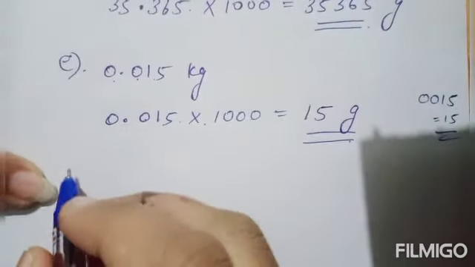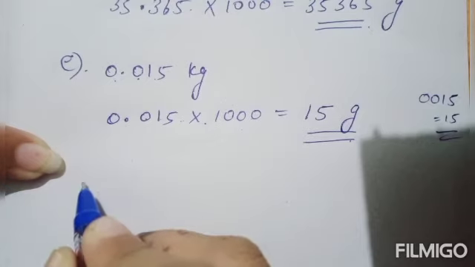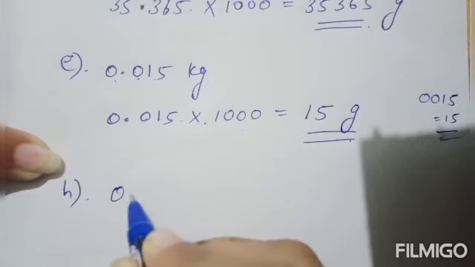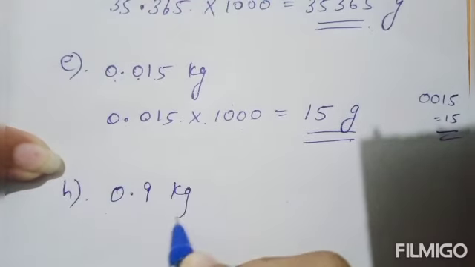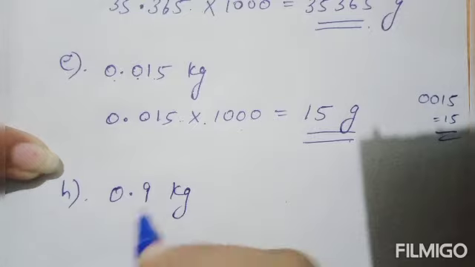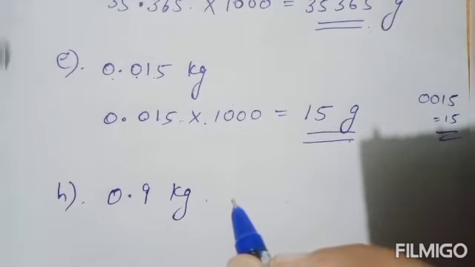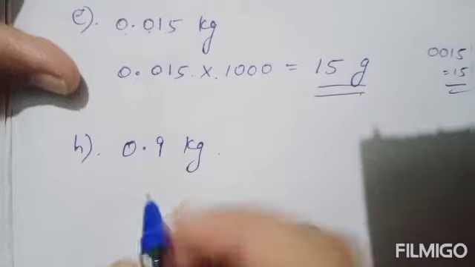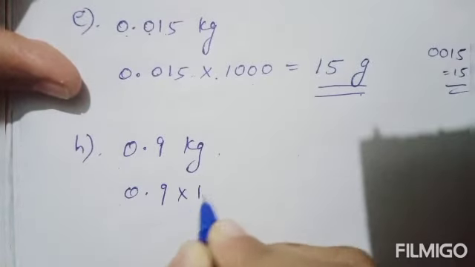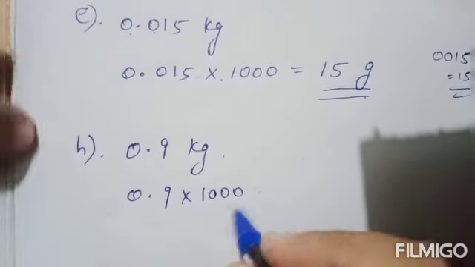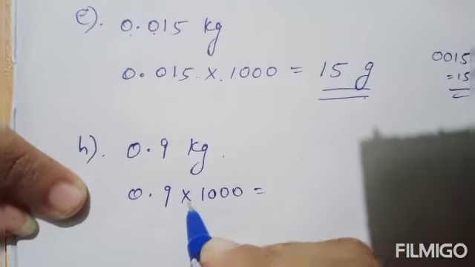Okay. Next, H 0.9 kilogram. In order to convert kilogram to gram, you multiply by 1000. So 0.9 multiplied by 1000. What you will get?